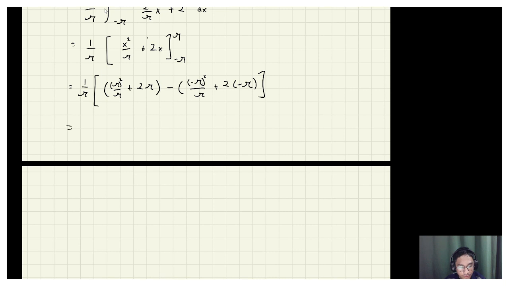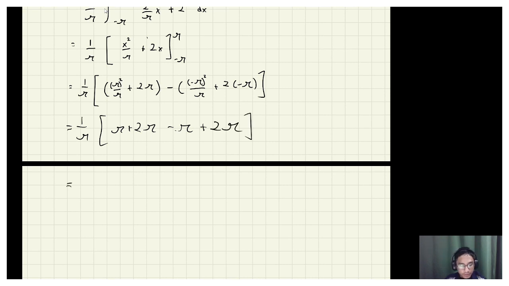So we get 1 over pi times pi squared over pi, we got pi, plus 2 pi, and minus pi squared over pi, we got pi, and times with the negative, we got negative pi, and 2 times negative pi, we get negative 2 pi, and times with the negative, we got positive pi, positive 2 pi.